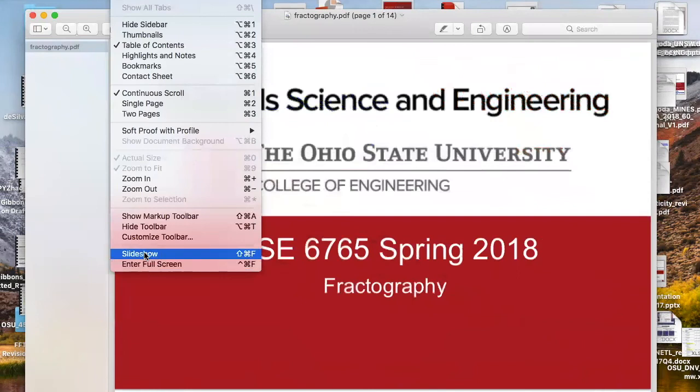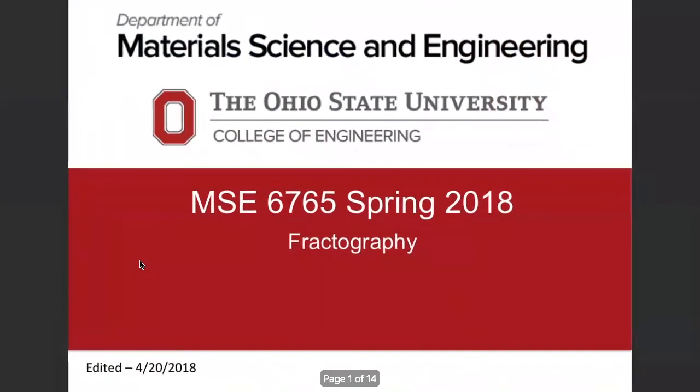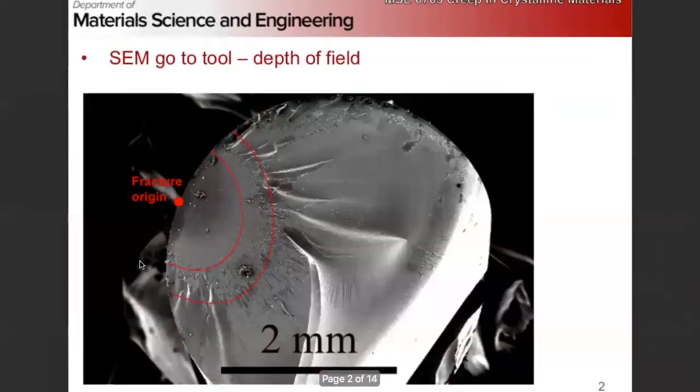I'm going to jump over to looking at pictures, because I think this is a lot more fun. So fractography as a field really didn't get started much before the invention of the SEM, right?